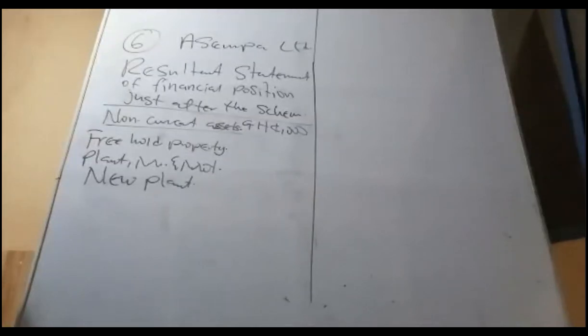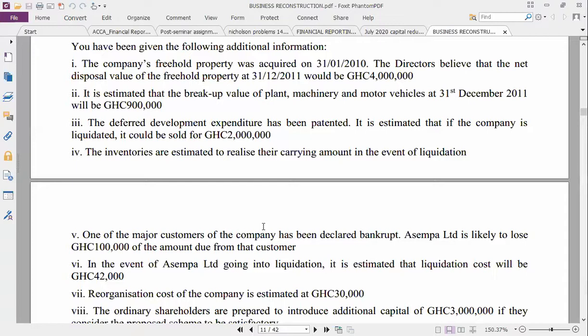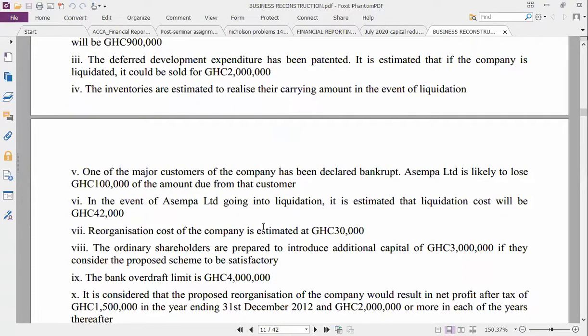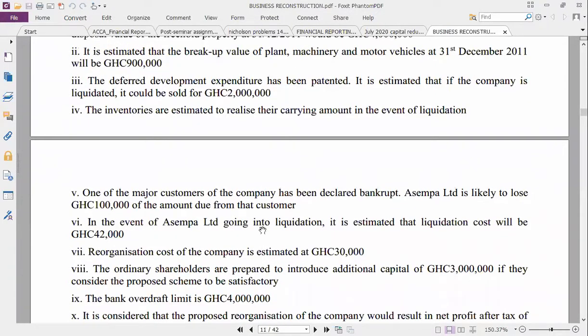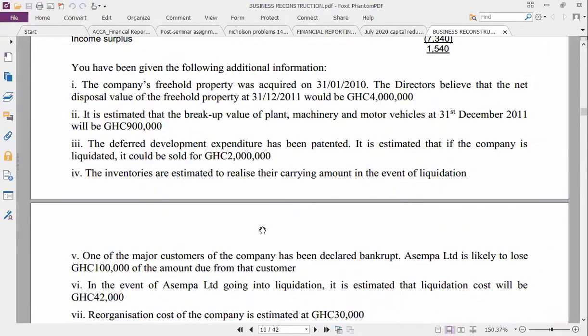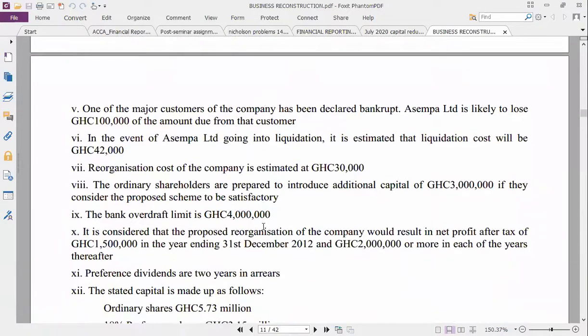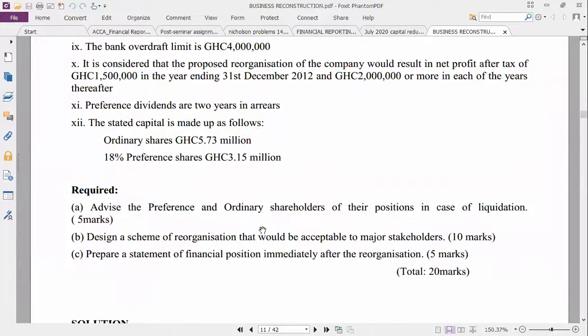Or here we pick the liquidated values for freehold property. We had something like 1490. Agreed.